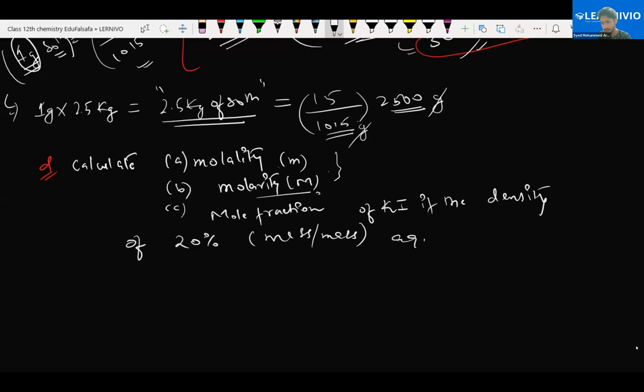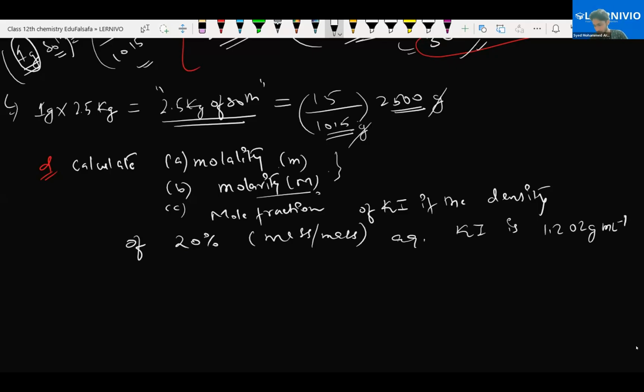If you have revised your previous classes, then it will be very easy for you. I have derived this expression and also solved one question on this as well. There is a relation between the density, the W by W percentage, and there is a third term also. What is that third term? Tell me.